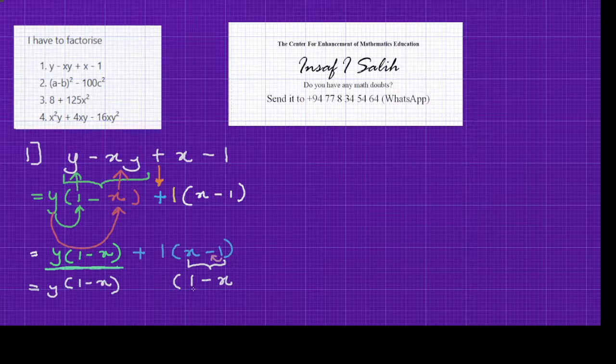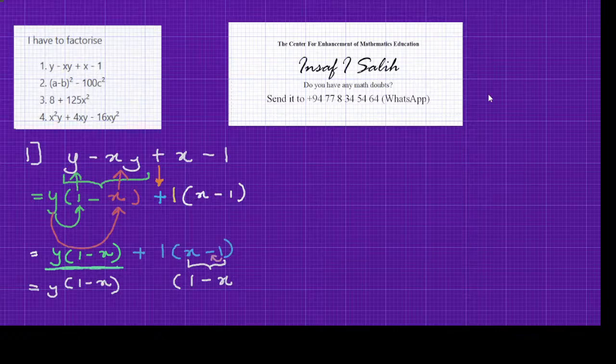Now when I wrote it as 1 minus x, what's the sign here? There is no sign. So when there's no sign written here, it's plus. And what about x? X was plus x. Now I have made it minus x. What have I done? I have changed the meaning, which cannot be done.